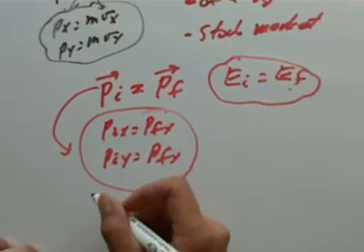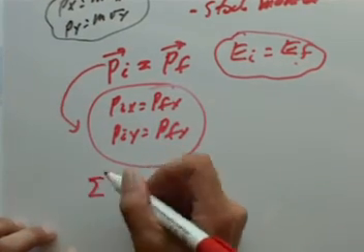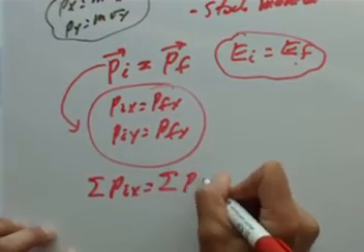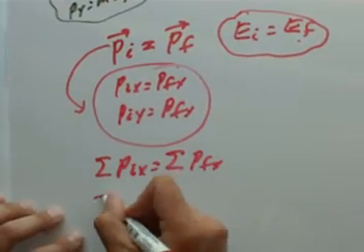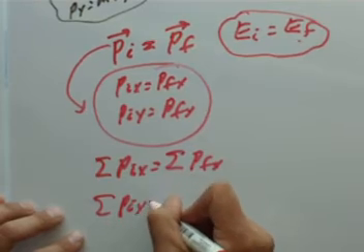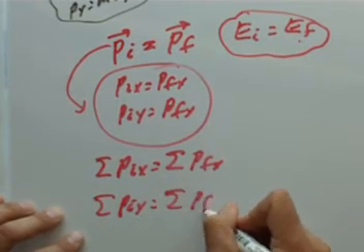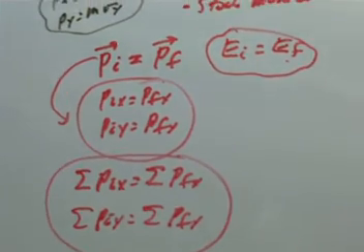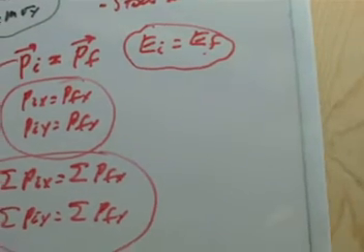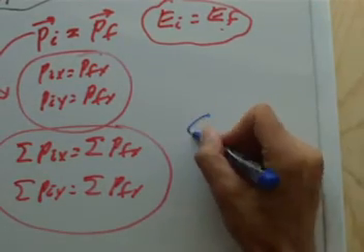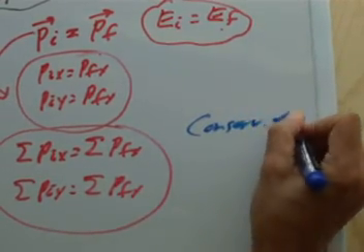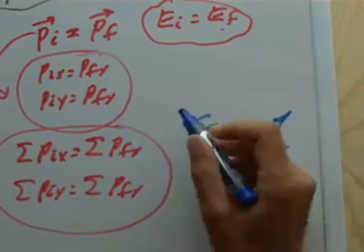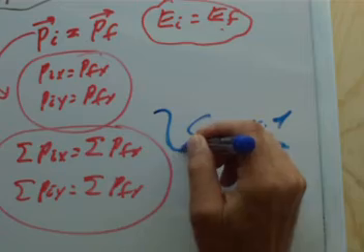And so really these equations should be expanded to say the sum of the initial x momentum is equal to the sum of the final x momentum, and the sum of the initial y momenta is equal to the sum of the final y momenta. So these will be our guiding equations for solving problems that have to do with this concept of conservation of momentum. We'll look no further than these.